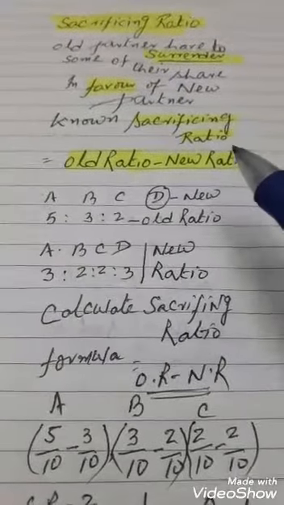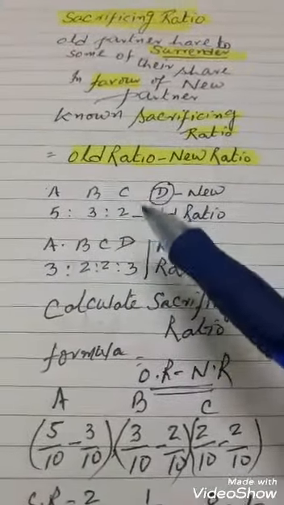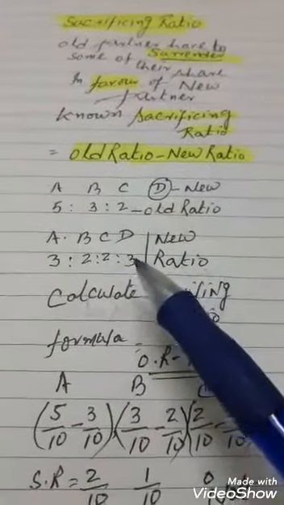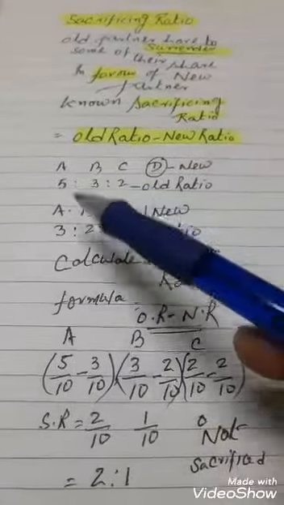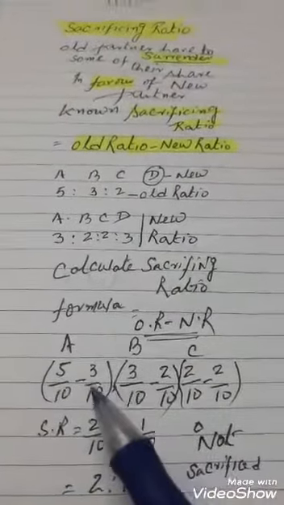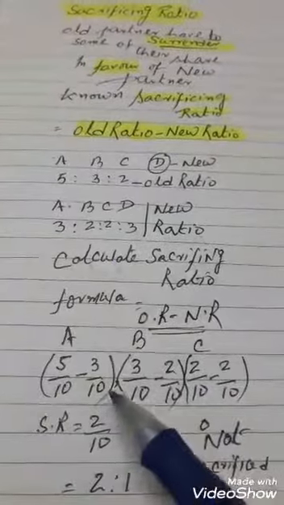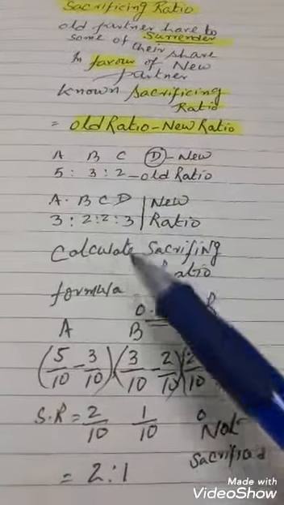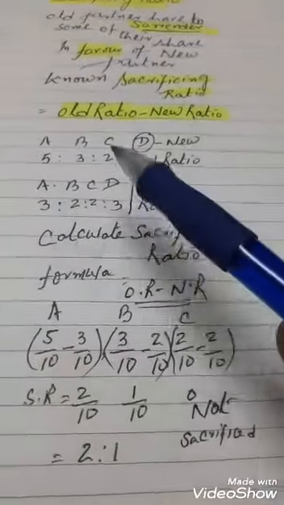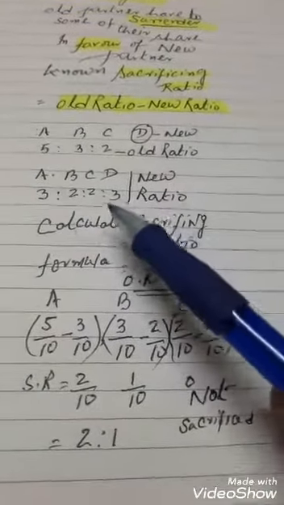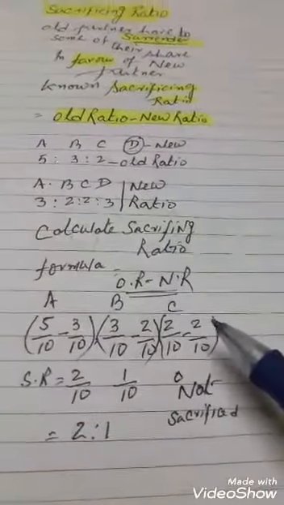So old ratio minus new ratio: old ratio 5/10, new ratio 3/10; old ratio 3/10, new ratio 2/10; old ratio 2/10, new ratio 2/10.